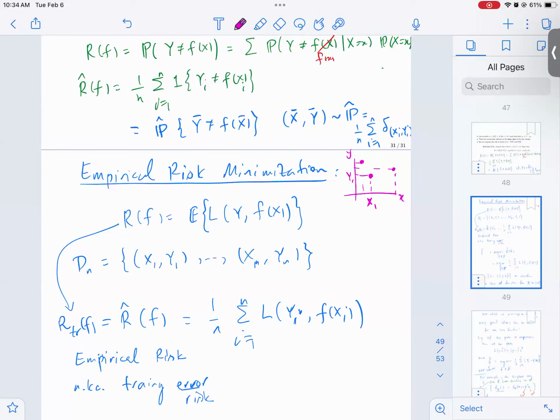A probability distribution that puts mass 1/n on each one of them is a discrete probability distribution. I can sample from this distribution by just drawing one of them at random. Drawing from this distribution is just taking one of these points at random.